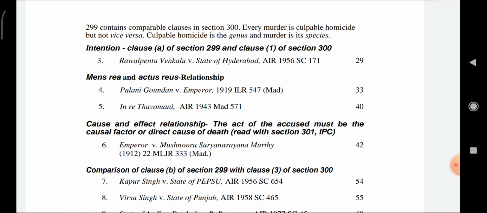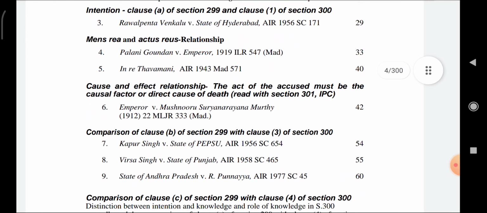Imperial versus Musnuru Suryanarayana Murthy, a case of 1912.